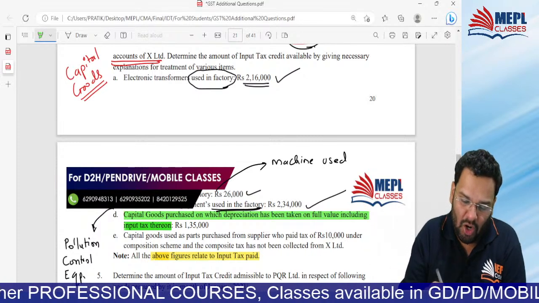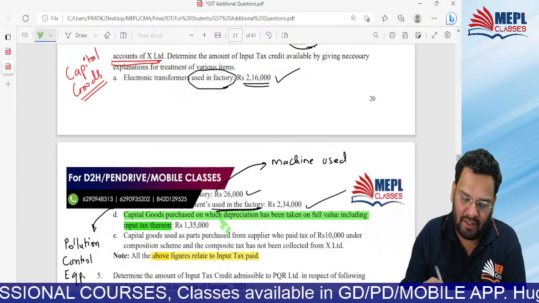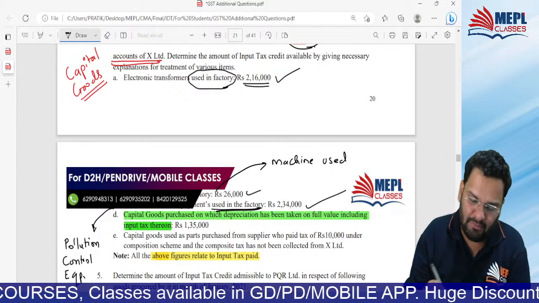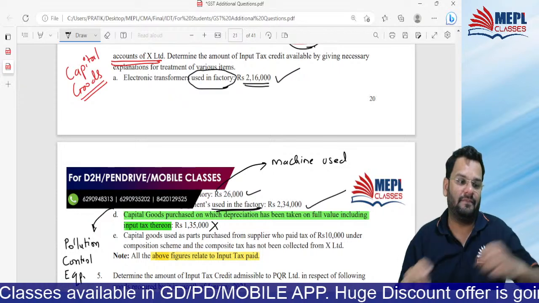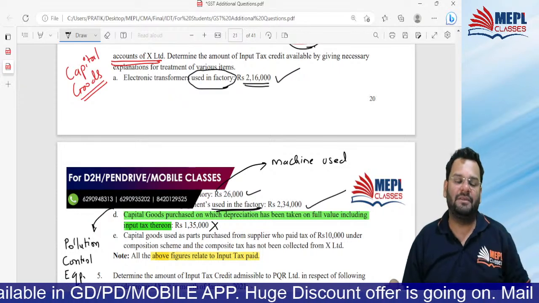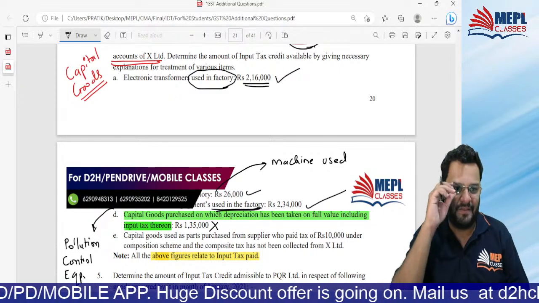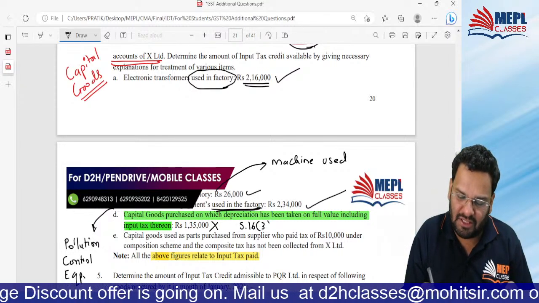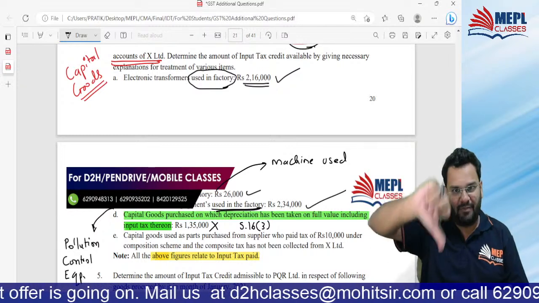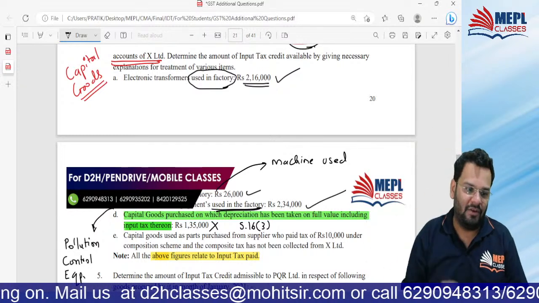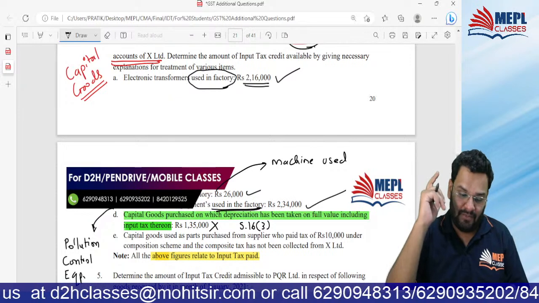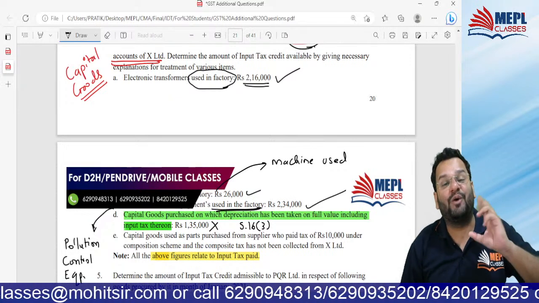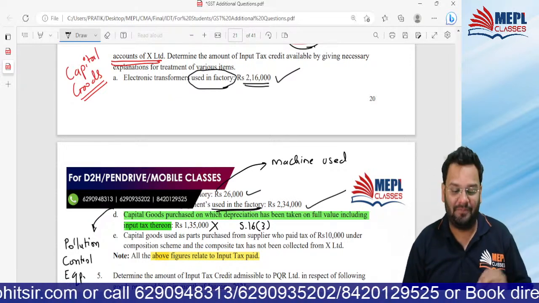You cannot claim this benefit of ITC. Do you agree with me? And just now we have learnt according to section 16 subsection 3 no ITC. Wonderful.